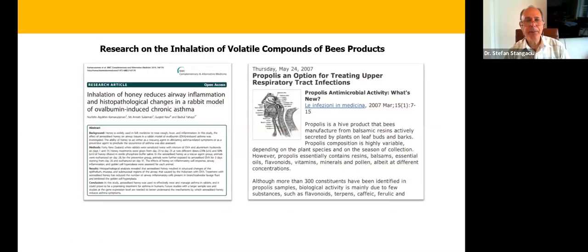So there is research which is published on the internet, in various databases like this one here. And we also saw Professor Mamdouh Abdurrahman in the previous section. Inhalation of honey is a wonderful healing method. It's been used for a long time. Also, propolis can be inhaled for the same purposes.